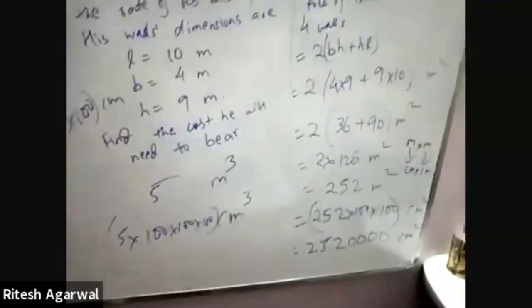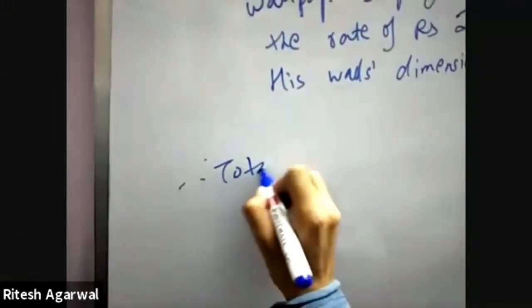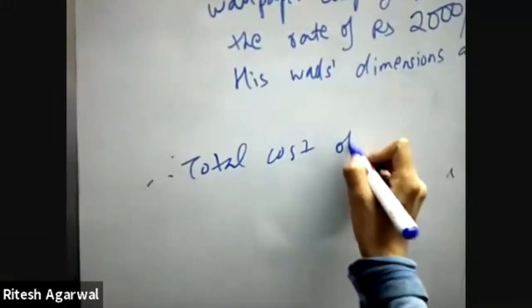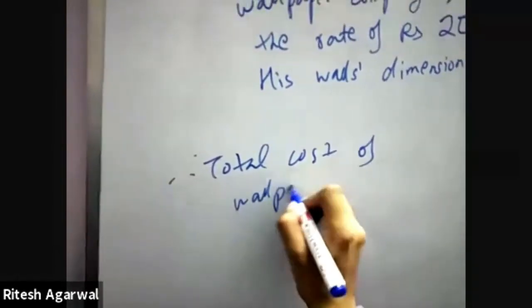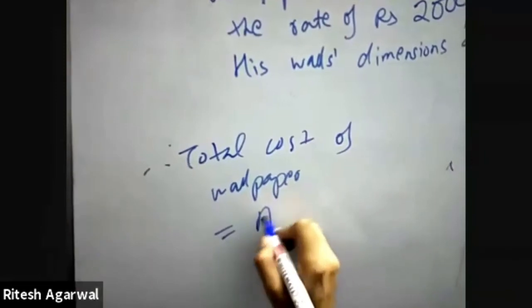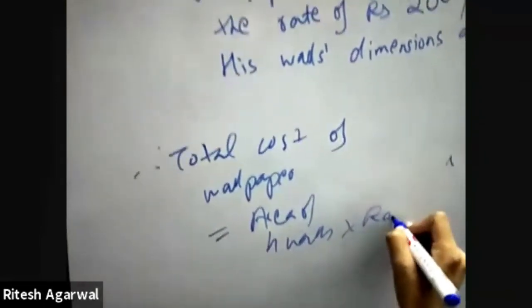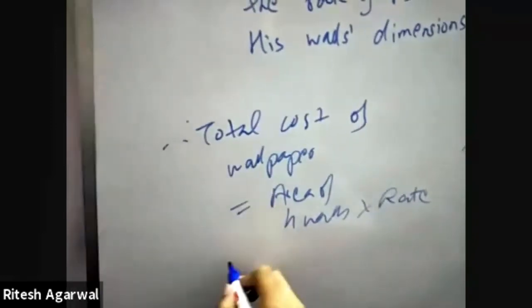So now that we have got the area of the four walls in terms of square centimeters, we have to just find the total cost that he will have to bear. Therefore, the total cost of wallpaper that he will have to bear will be the area of the four walls into rate of wallpaper.